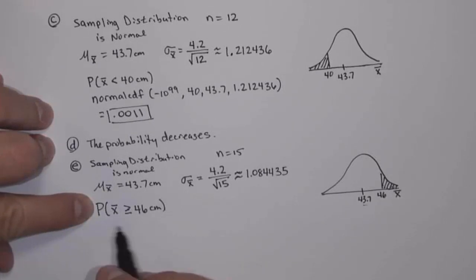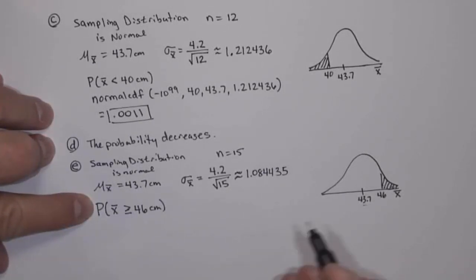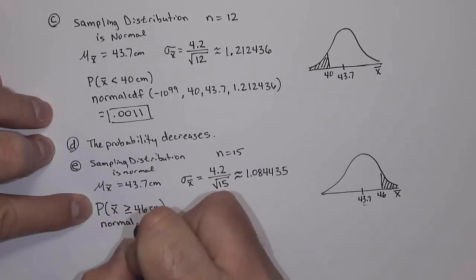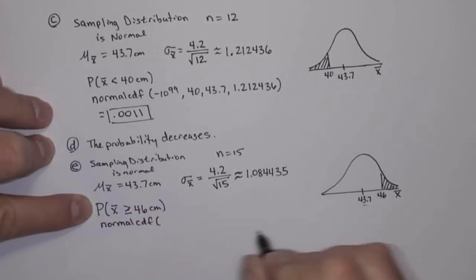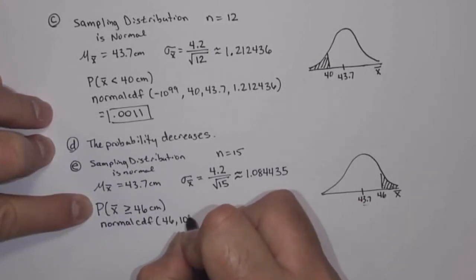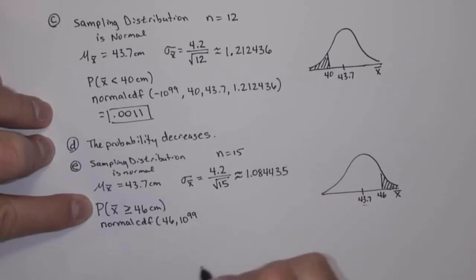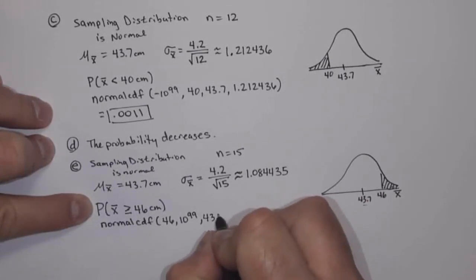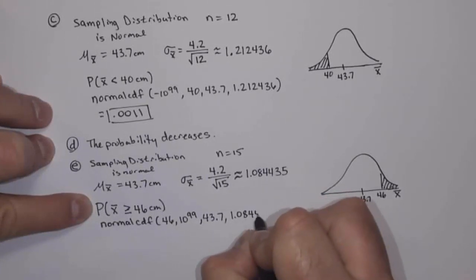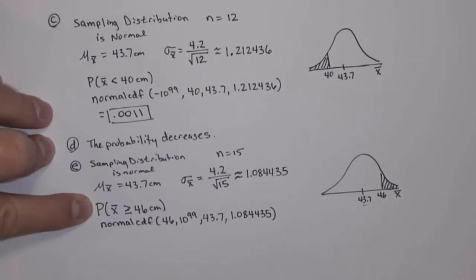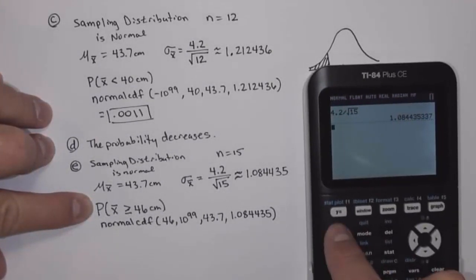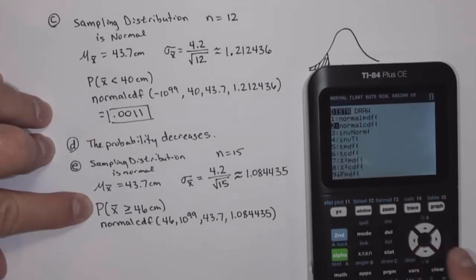So again, I can do this either by hand, with StatCrunch, or with the calculator. I'm going to use the calculator. So we have normal CDF. This time we have a left bound of 46. We don't have a right bound, so I'm going to use a big positive number. The mean is 43.7, and the standard deviation is 1.084435. So if I pull my calculator in, I'm going to go second, distribution, normal CDF.